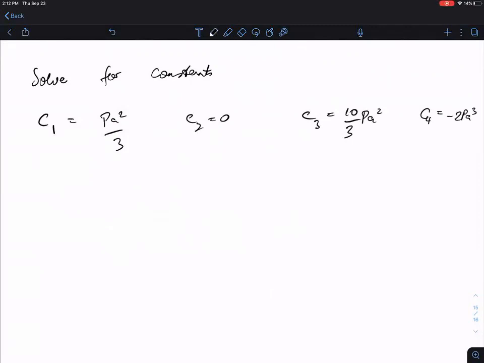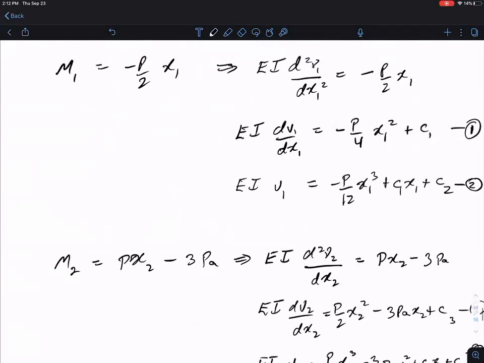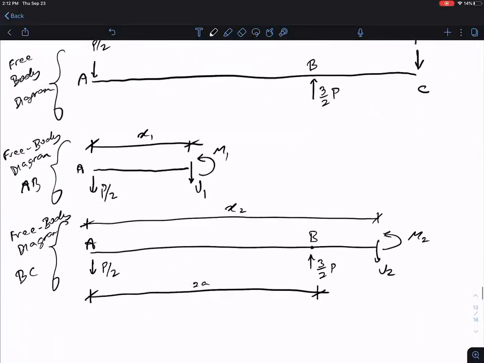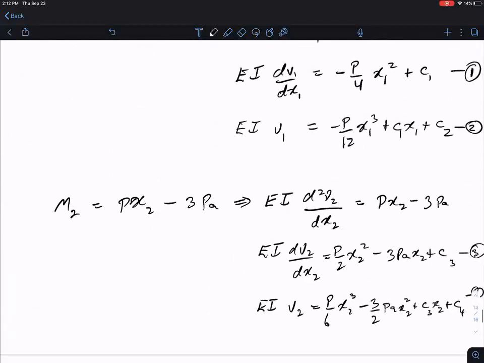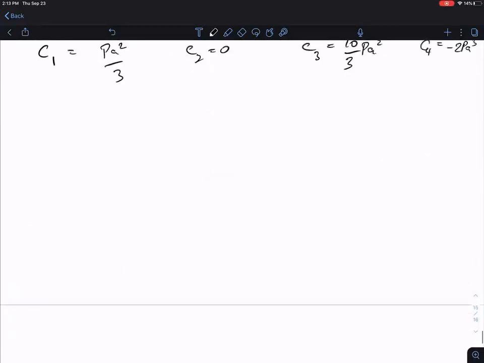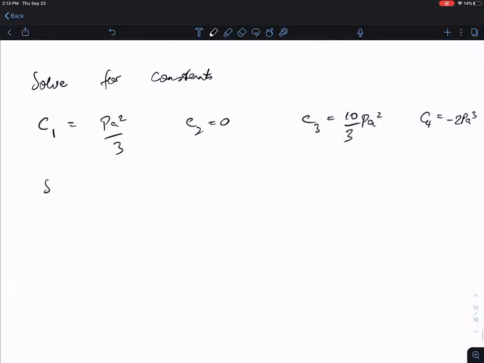And then if we go back, remember our goal is to compute the displacement at point C. We can get the displacement at point C using equation 4, but we'll need to substitute the expressions for C3 and C4.